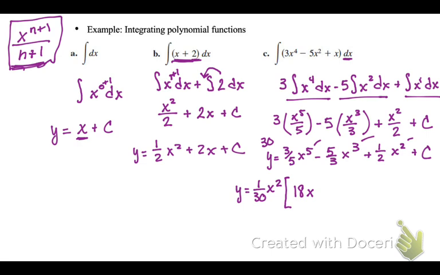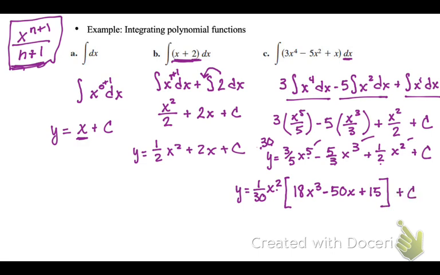I took out 2 from 5 is 3. Okay, 3 goes into 30 how many times? 10. 10 times negative 5 is negative 50. X to the first? Yes? 2 goes into 30 how many times? 15. 15 times 1 is 15. And we took the x already, yes?